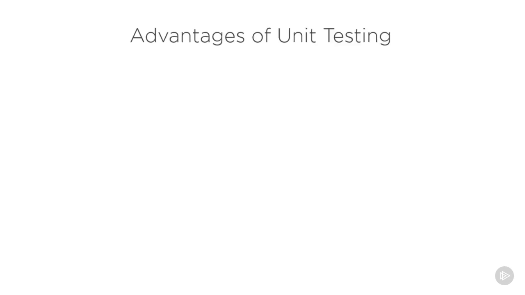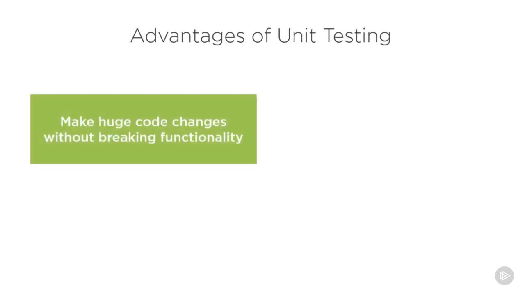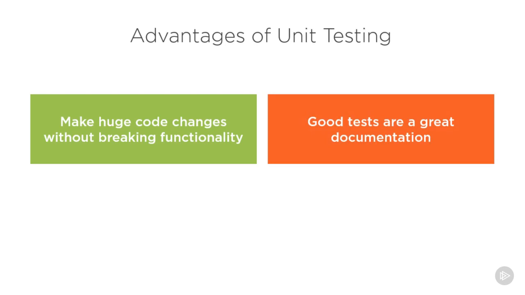Writing unit tests for your code has some advantages. You can, for example, make huge code changes without breaking existing functionality. After your changes, you just run the unit tests, and if all tests are green, you know that the logic still works as before. Another advantage of unit testing is also that you get a great documentation.